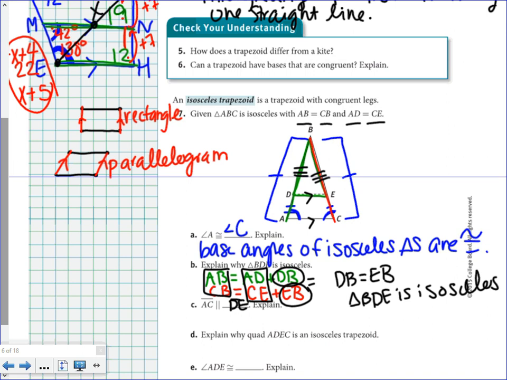We know that angle A here and angle BDE have to be congruent because they are corresponding angles. And if your corresponding angles are congruent, your lines have to be parallel.